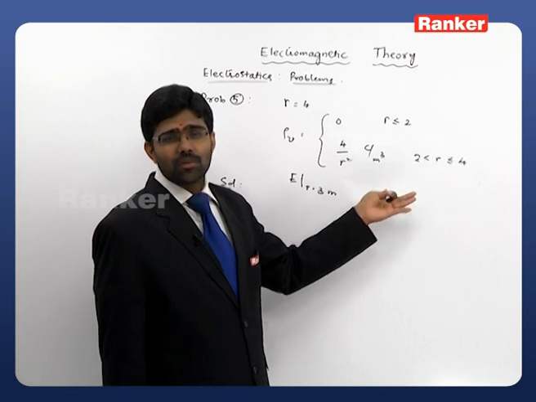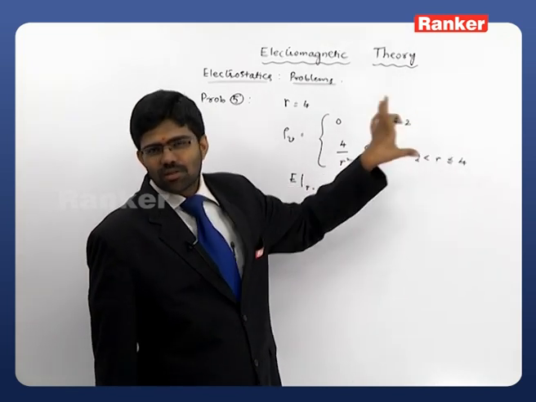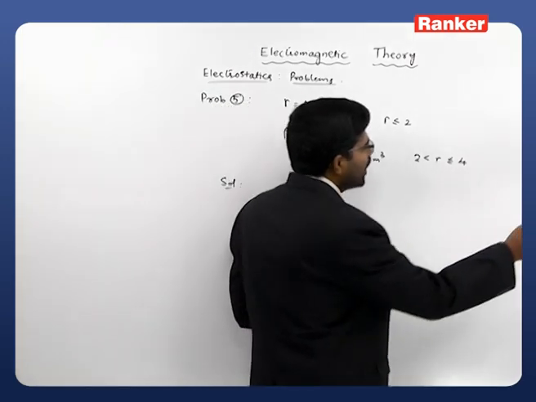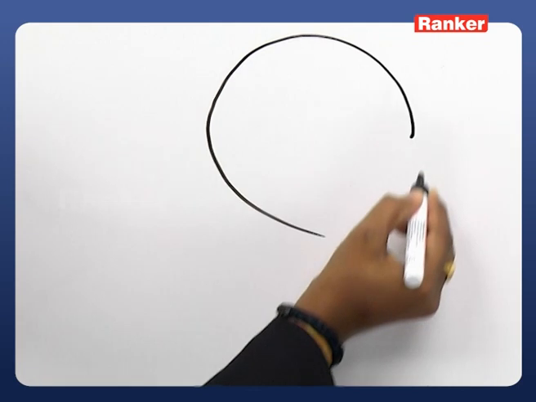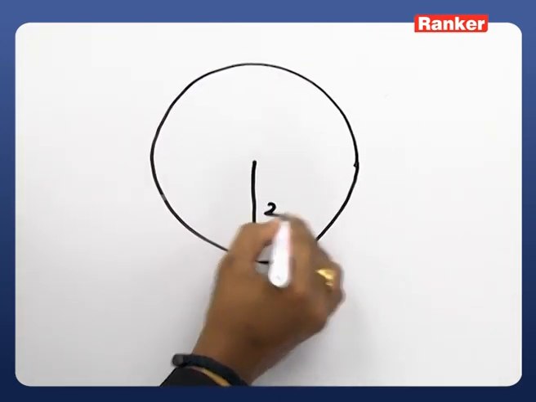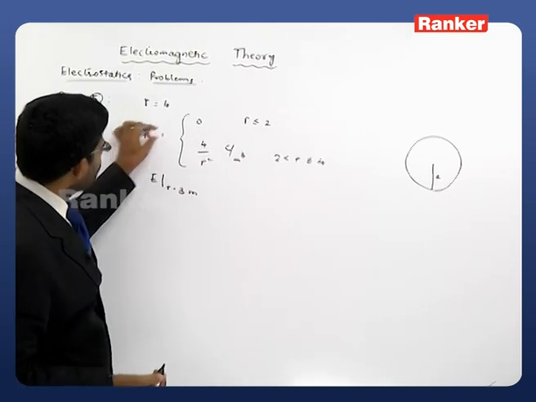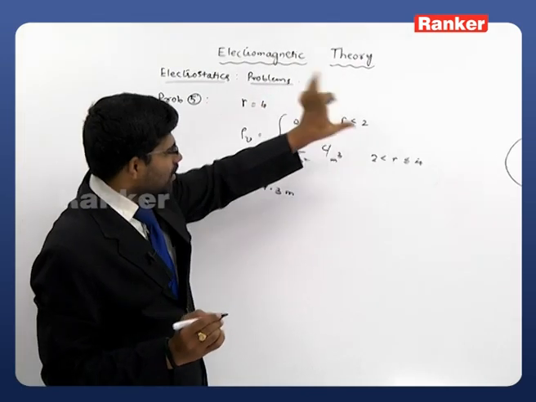Once again, let us try to interpret the data by taking a simple pictorial representation. I will draw once again the charge distribution with the help of two spheres. This is the r equals 2 meter sphere. Within it there is no charge, therefore the charge density is 0.